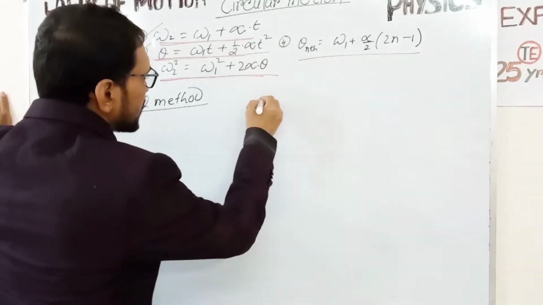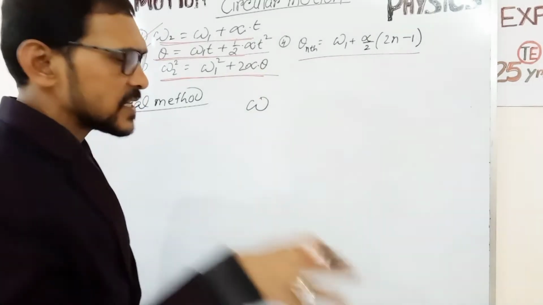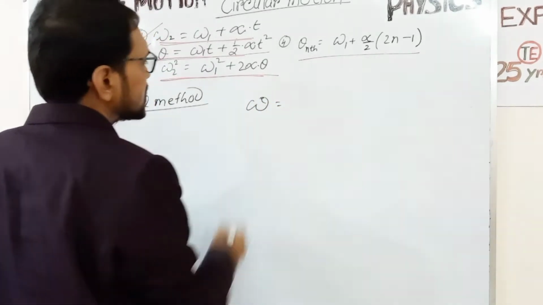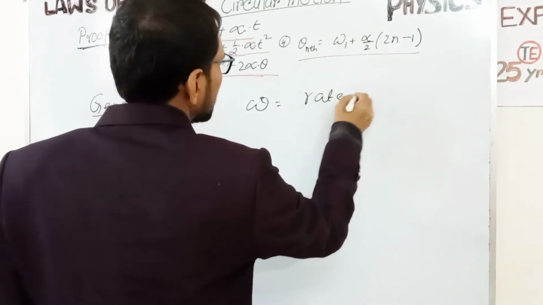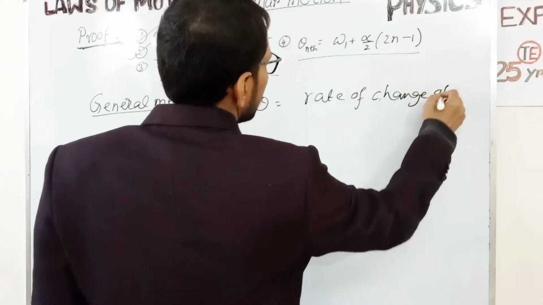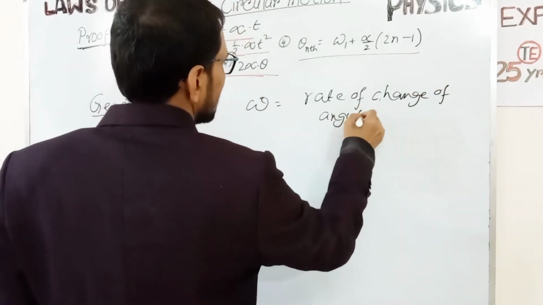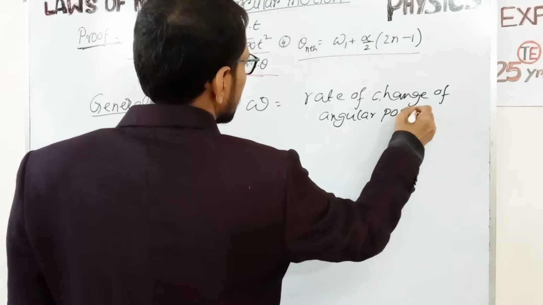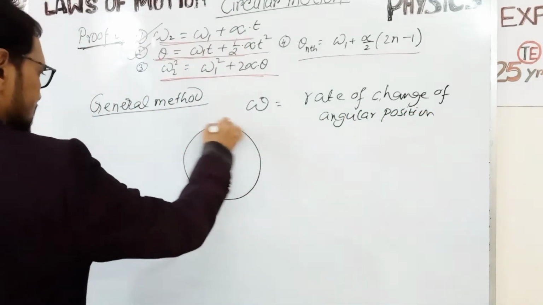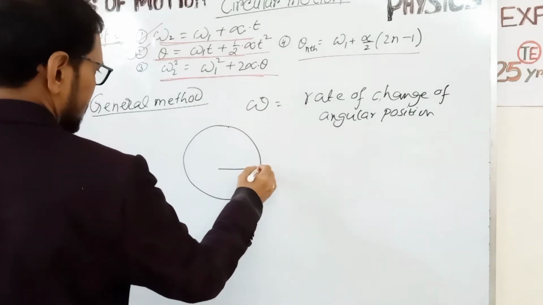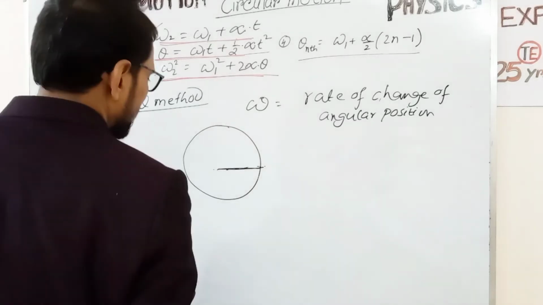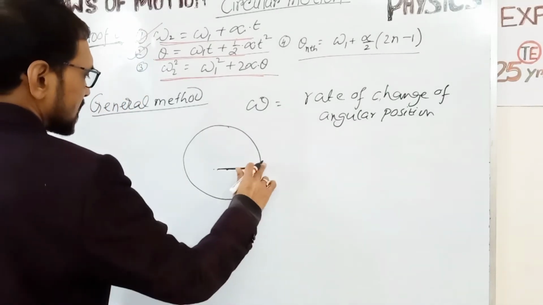So omega is angular velocity. There is a special video on angular velocity. I defined angular velocity equal to rate of change of angular position. That is, when a body rotates in a circular path, suppose this is a reference line, from this line we measure the angular position, the angle.